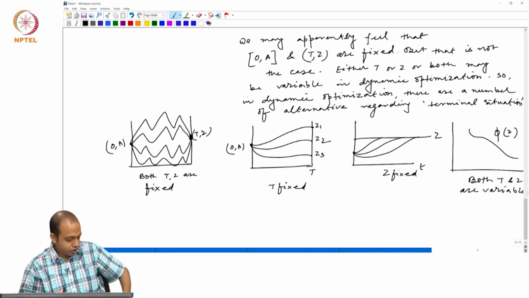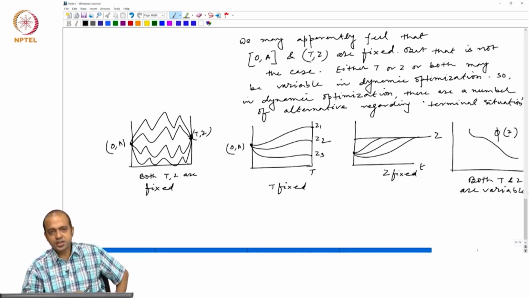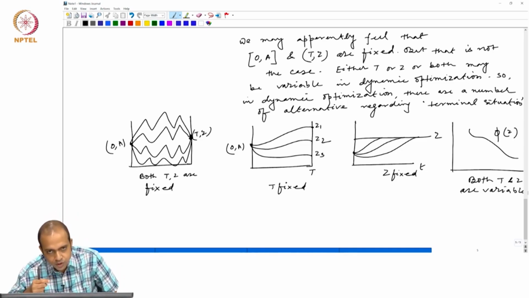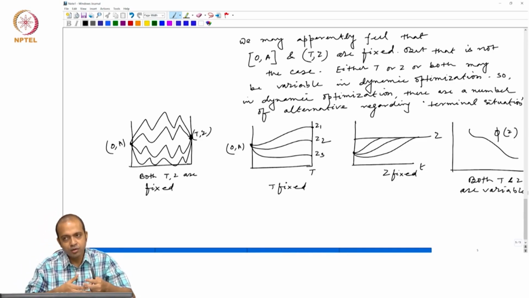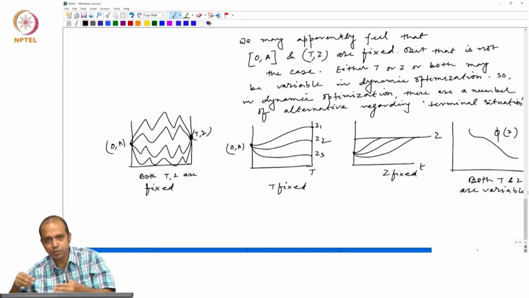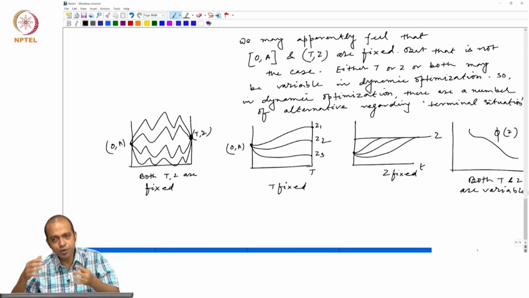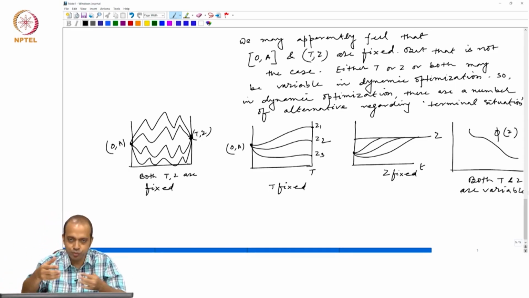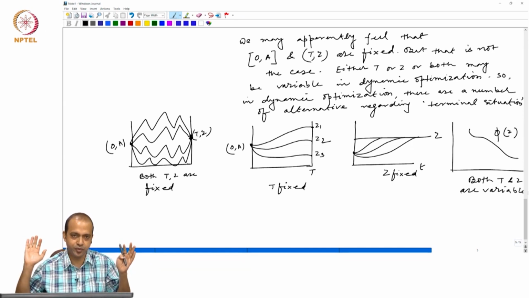When this is a resource, let's say you have 1 barrel of oil or 1 ton of coal, the decision variable would be the optimum rate of extraction. At each period you want to extract some amount of resource, so that the intertemporal benefit that you derive out of that resource is maximum.